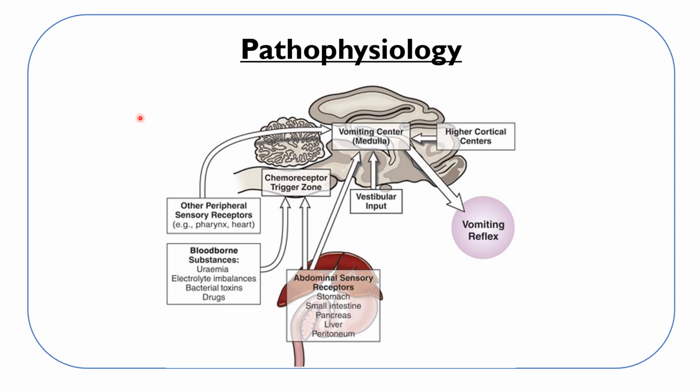Once this center is activated, efferent pathways travel within several cranial nerves to the upper gastrointestinal tract, within vagal and sympathetic nerves to the lower tract, and within spinal nerves to the diaphragm and abdominal muscles, which culminates in vomiting.